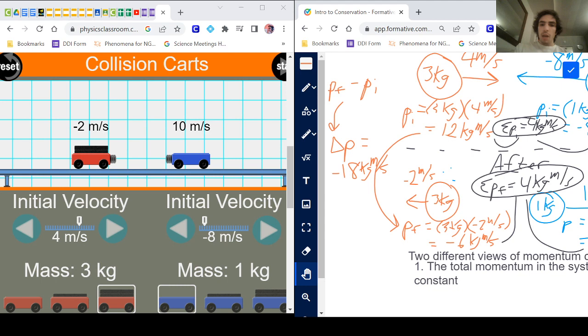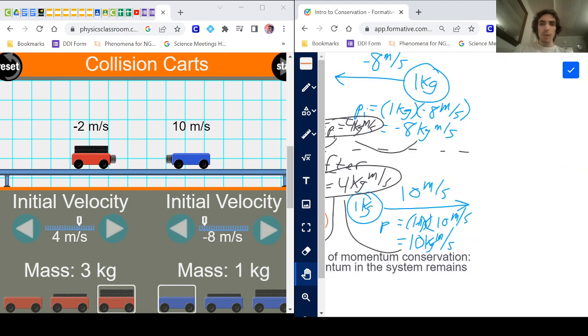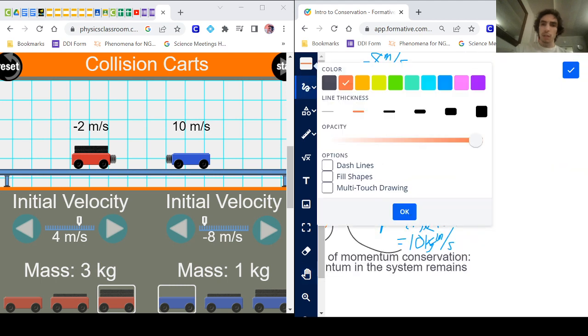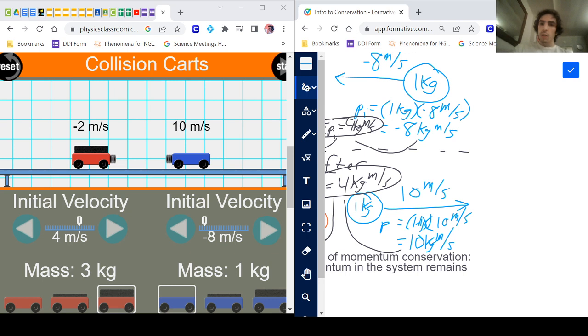Then over on the blue side, we could do the same kind of analysis, where to go from -8 to 10 kilogram meters per second, we'd have to gain 18 kilogram meters per second of momentum.